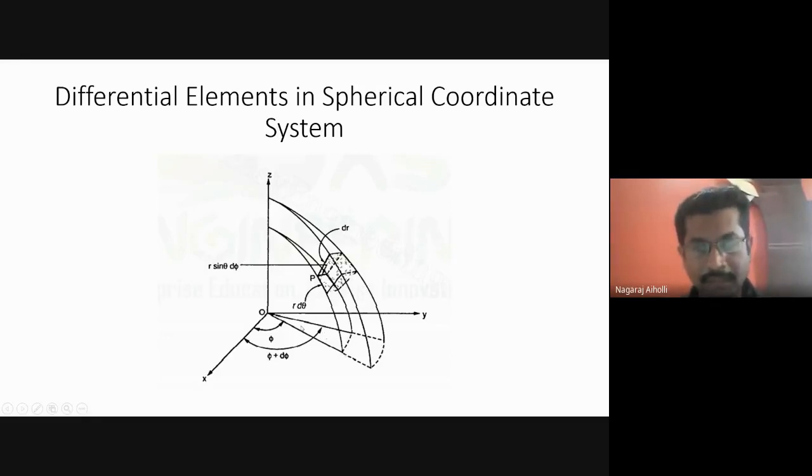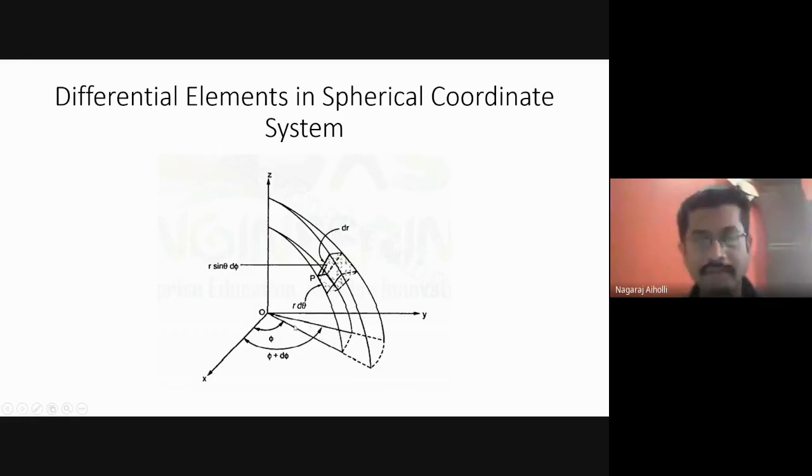Once again I will explain. This is the radius r, from O to this point. The angle subtended here is the difference between phi plus d phi and phi, that is d phi. Next is r multiplied by sine d phi. If the angle is very small, the sine of that angle is nearly equal to the angle itself, so sine d phi is approximately d phi.